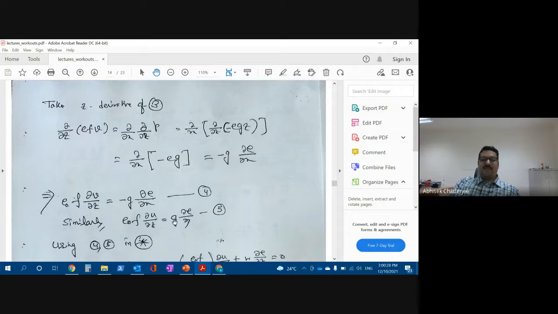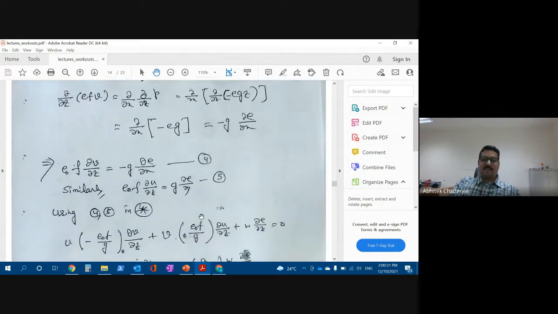Similarly, del rho del y, g taken to the other side, and replace like this.